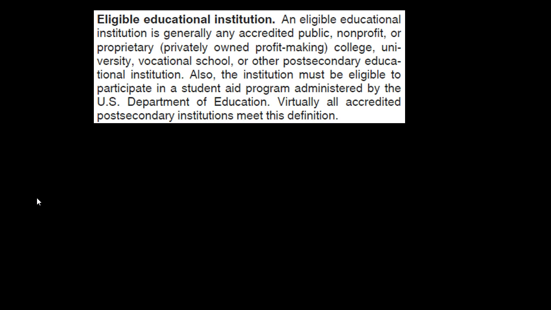Virtually all accredited post-secondary institutions meet this definition. So that's really what you're looking for. You're looking at the accredited institutions. You can contact the institution. They should be required to give you their accreditation. And if that's the case, then typically most accredited schools, they're saying here virtually all accredited post-secondary institutions meet this definition. So it's fairly broad in terms of schools which are accredited.